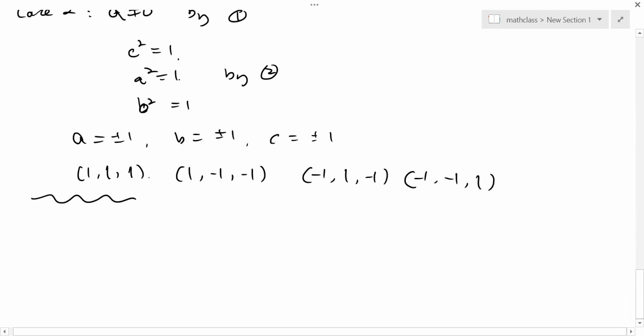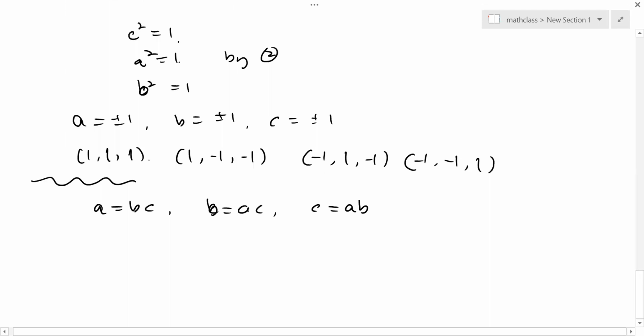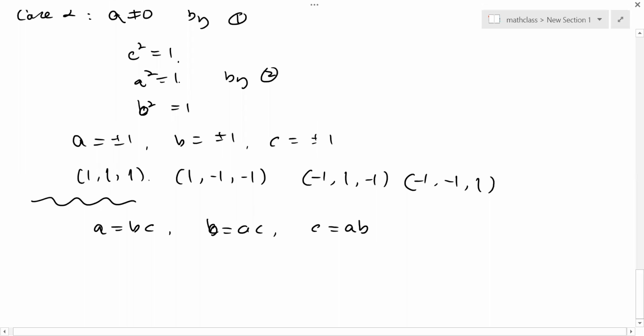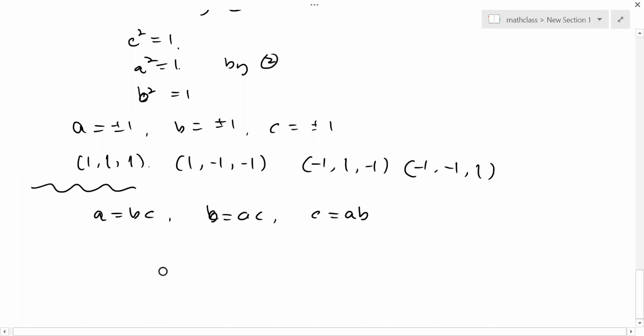You can also try a different approach, because you see, A equals BC, B equals AC, C equals AB. So when you look at those equations in similar format, you multiply them out.